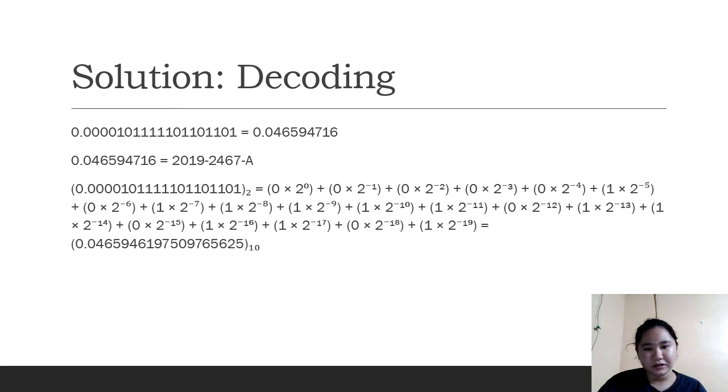So after you multiply and add all of these, you will get this 0.46594619. So this will be how it will be decoded back into decimal form.